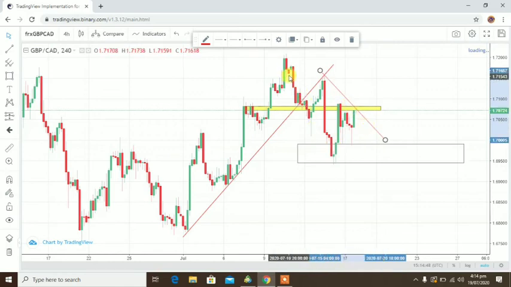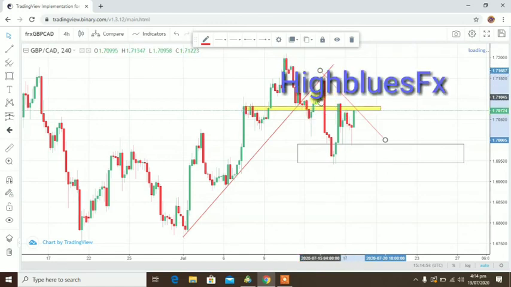So as you can see, we saw how price broke through this level, came back, retested it, and we see a trend reversal pattern here. We see there was a change of trend as price broke through this support trend line, and as you can see here, we see how price keeps reacting to this resistance trend line as well, which also shows that the market is actually trending down.